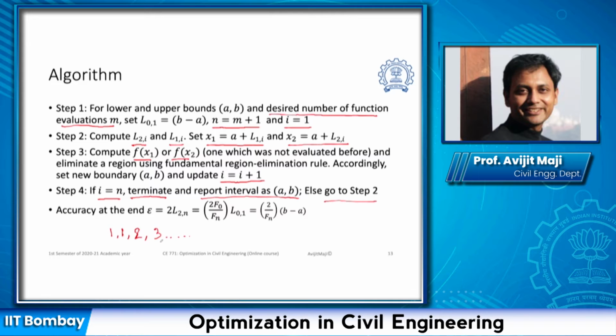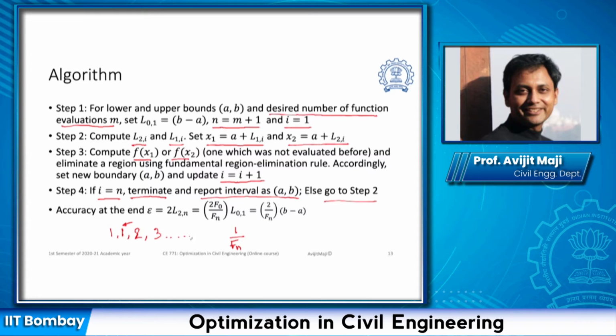If we are evaluating various function values at different points, we will reach the point which represents 1 by the highest Fibonacci number which we had chosen.